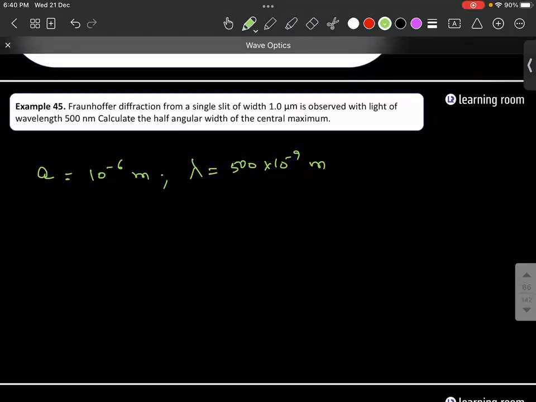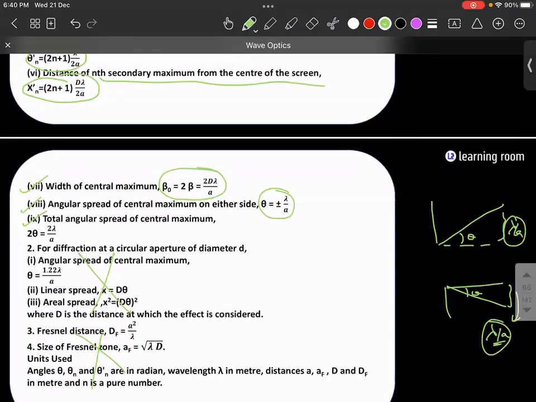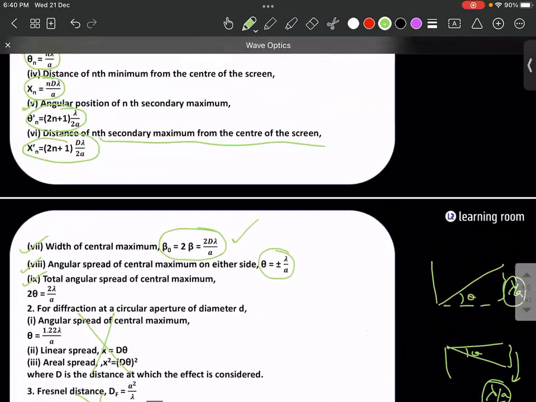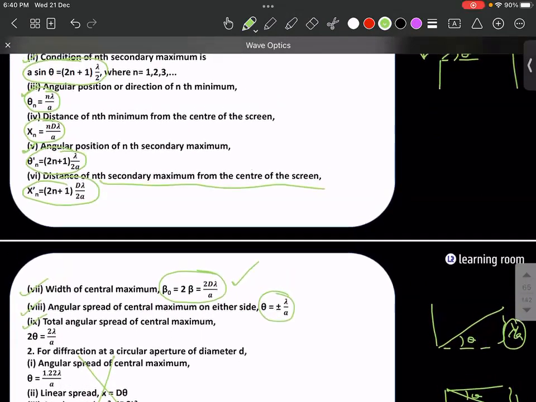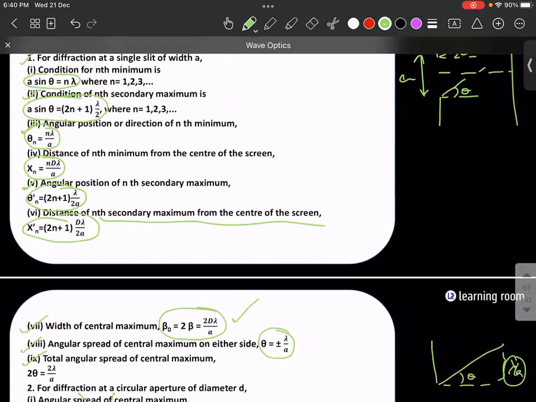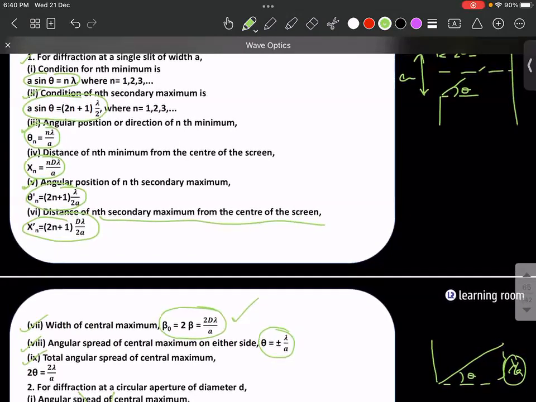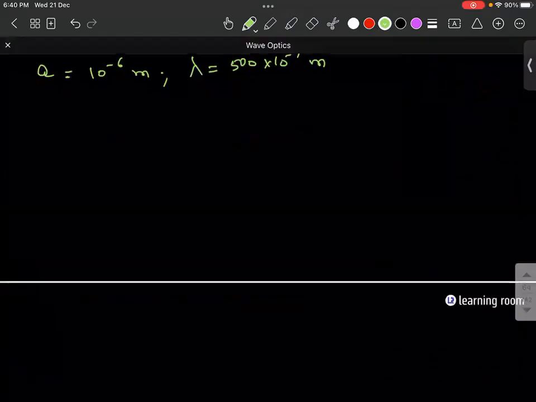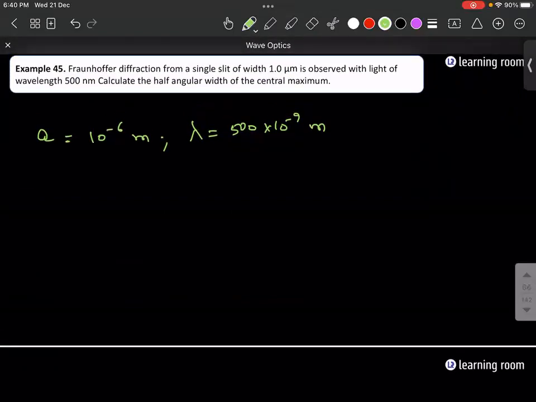So what is angular width of central maximum? It is 2 lambda into capital T divided by A. Half angular width will be the width of any other central maximum.